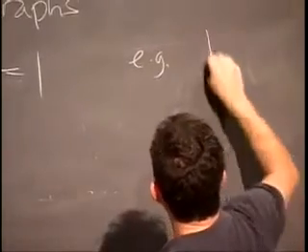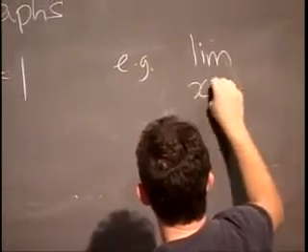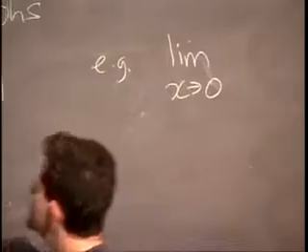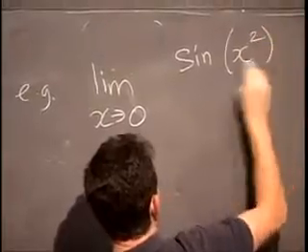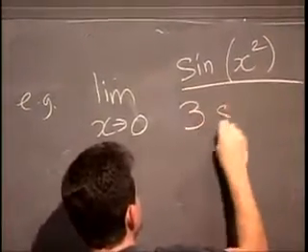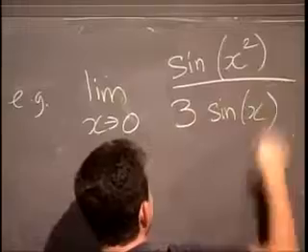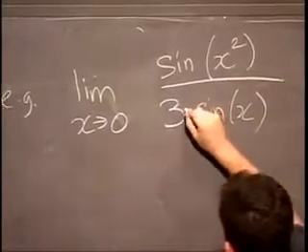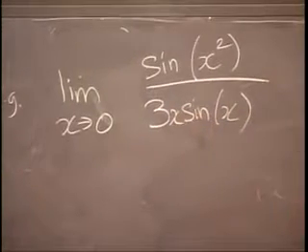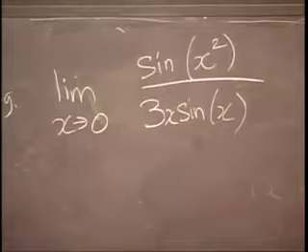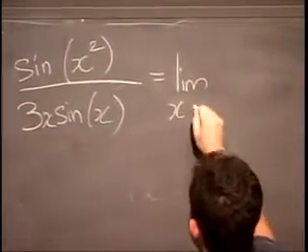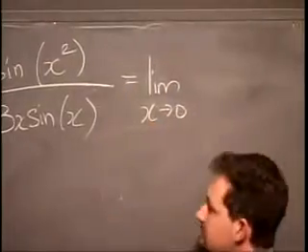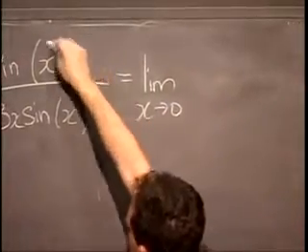For example, if you have the limit as x goes to 0 of something like sine of x squared over 3x sine x. The way I deal with this is, I would like to multiply and divide by this quantity.